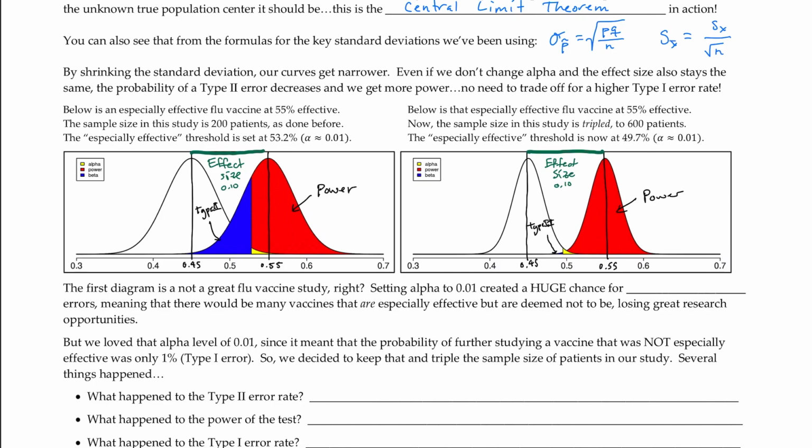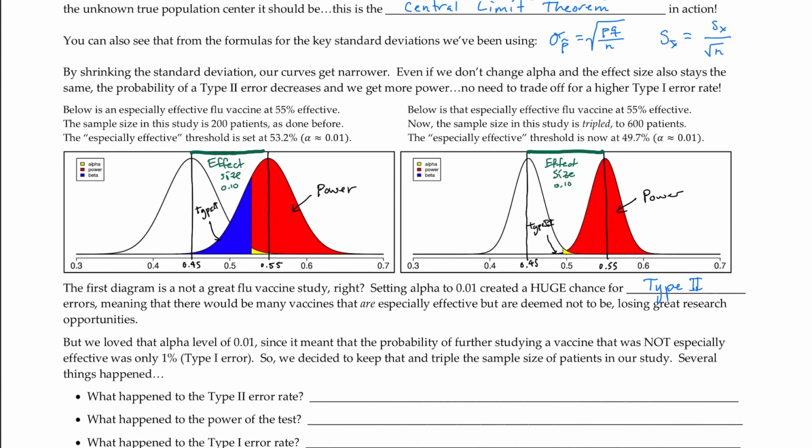So the first diagram on the left there is not a great flu vaccine study, okay? You can tell that you set the alpha level to 1%, and that created a huge chance for making a type 2 error. Meaning that there would be many vaccines that are especially effective, but are deemed not to be, which means we lose out on all this great research.